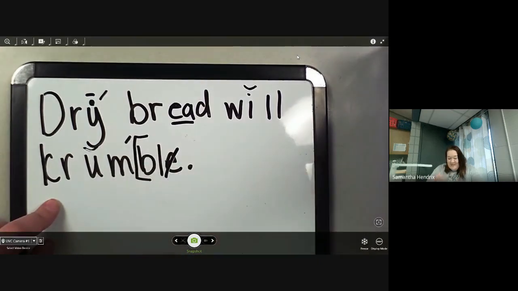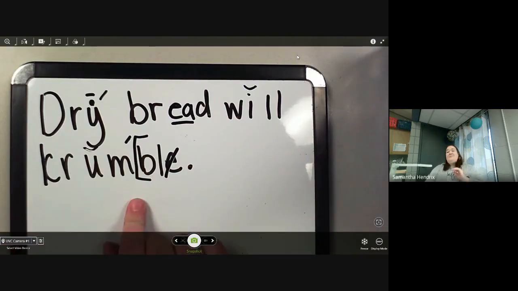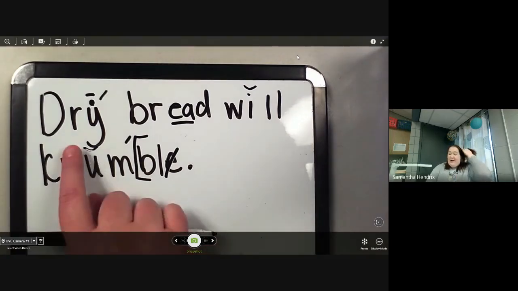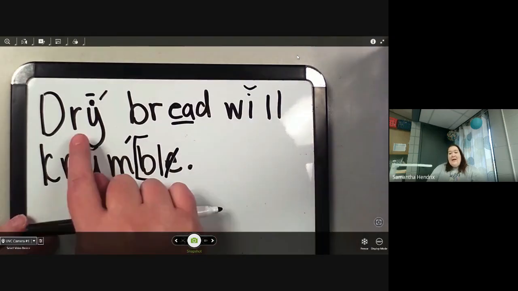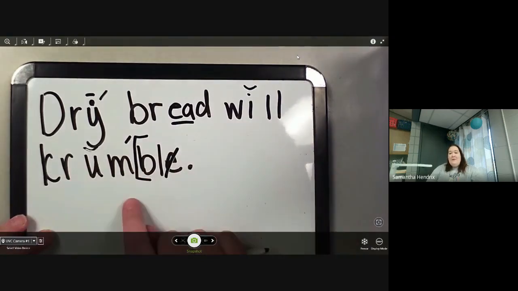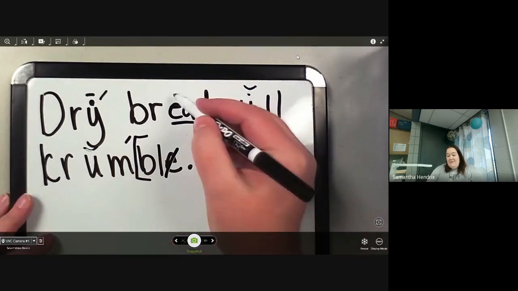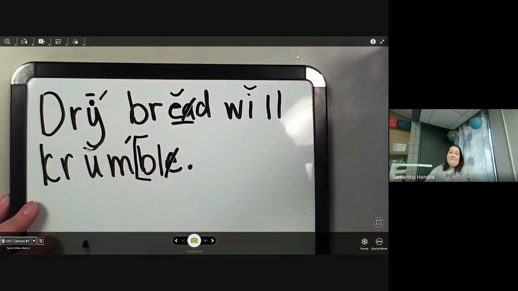So this word is crumble. So now let's read our sentence with both digraphs. So we have dry bread will crumble, or dry breed will crumble. Which one makes sense? The first. Good. Okay.